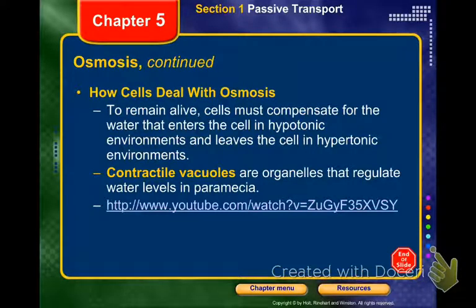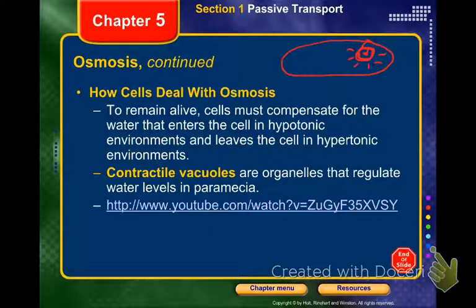Basically, what happens with the contractile vacuole is, here's the paramecium cell. You'll see the structure fill up, and then all of a sudden it squeezes and it's gone. And what happens is as that vacuole, and you remember what a vacuole is, right?